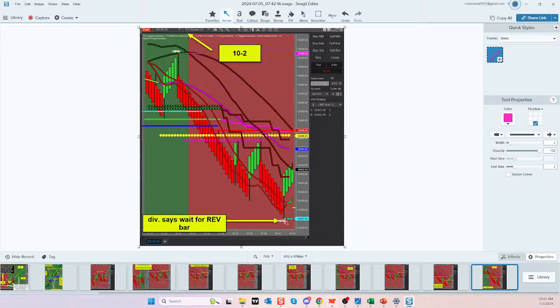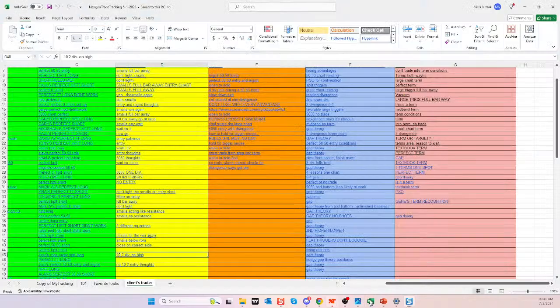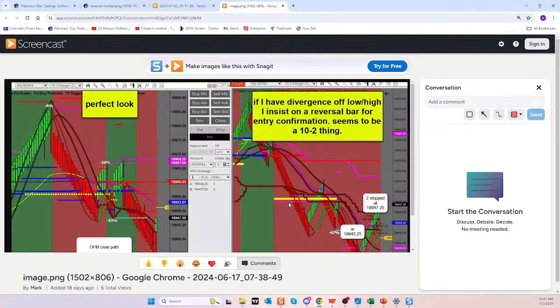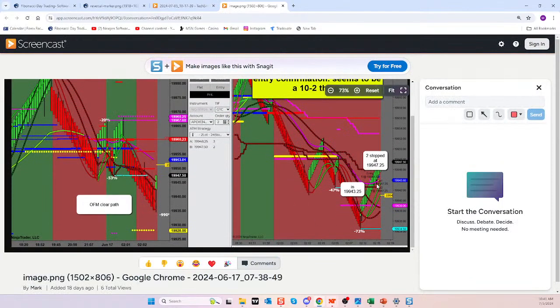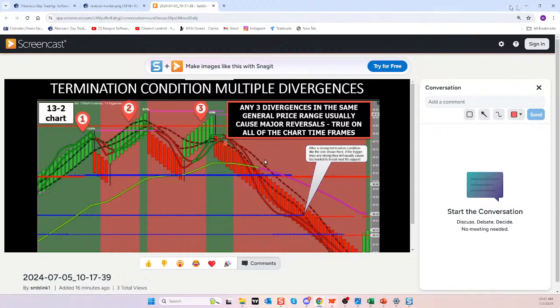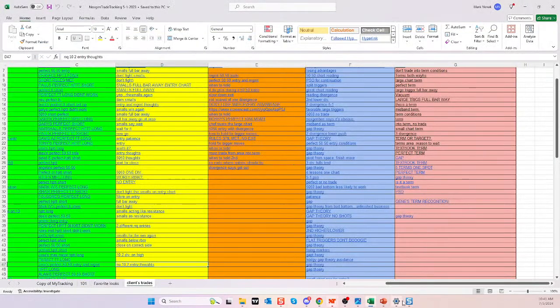And what I've found in conjunction with my brother is that if you're trading the 10-2 on the NASDAQ and you get a divergence on your pullback, you have to wait for the reversal bar, because more often than not, if you don't wait for it, you run the risk of getting run over more often than you don't. So your advantage goes away. So that's the second way that I use it, Pete.